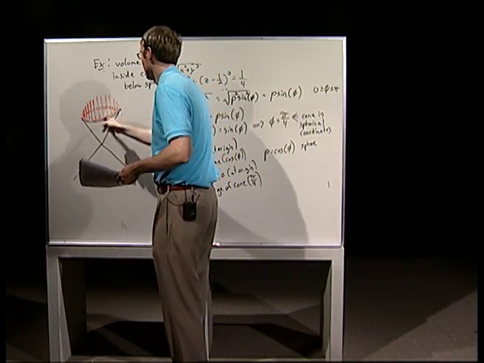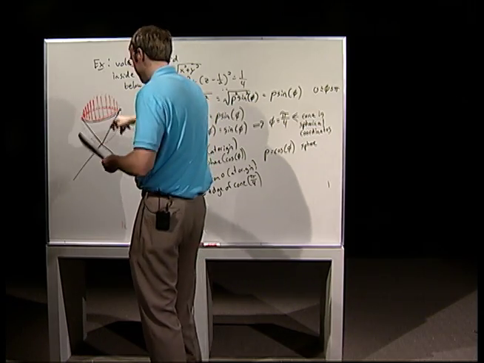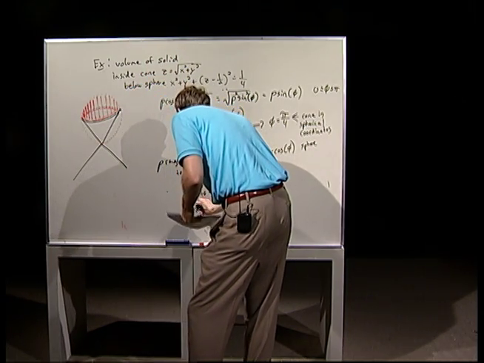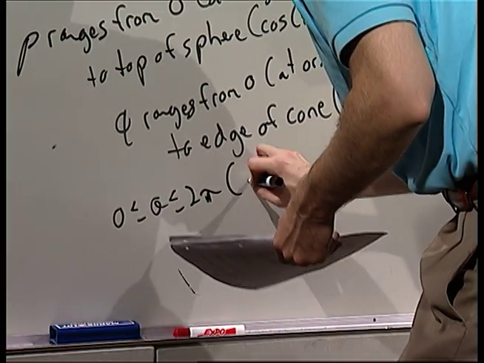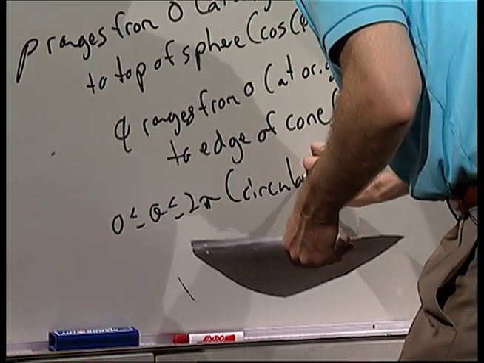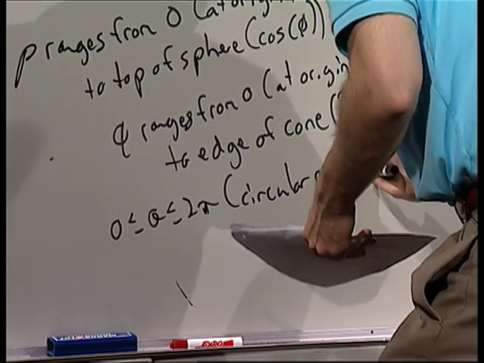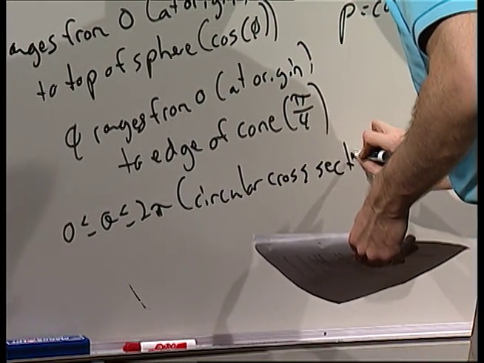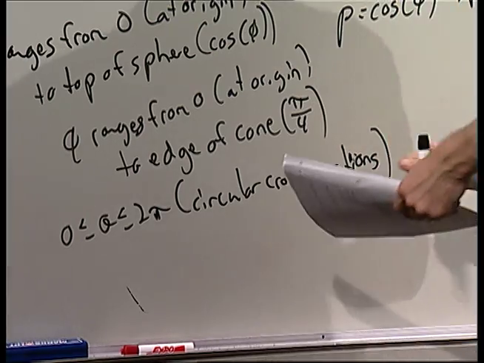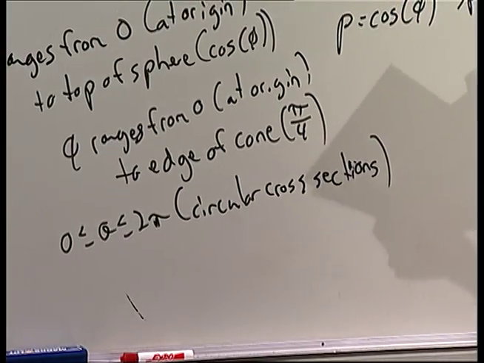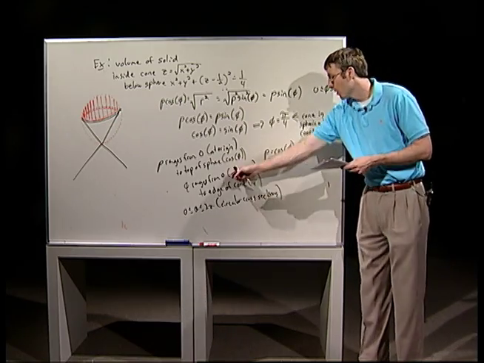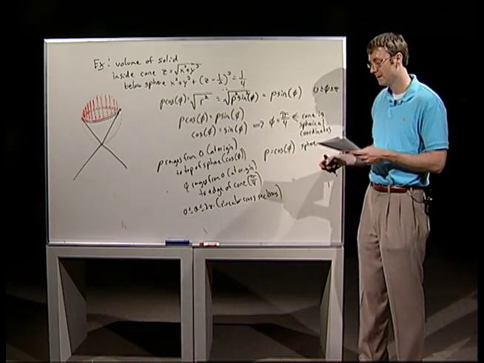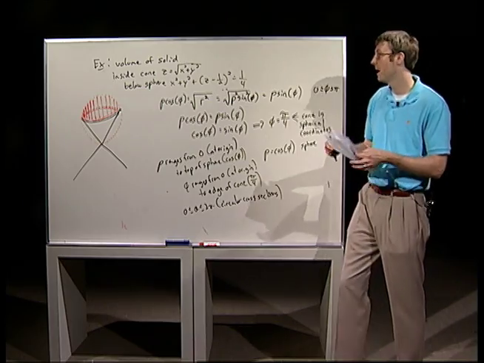Everybody's hit in here in a circle. This doesn't look very circular, but it should. And so there are your limits: 0 to cosine phi, 0 to pi over 4, 0 to 2 pi.